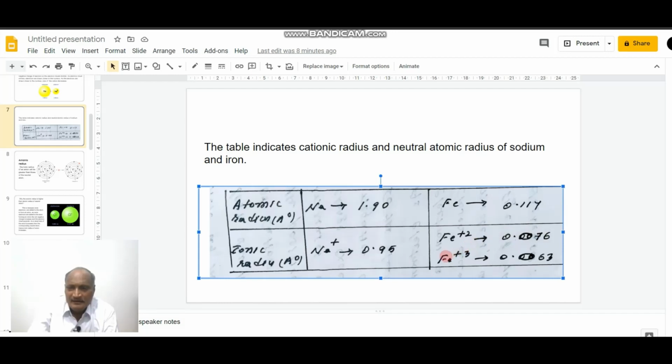Coming to Fe3+, the ferric ion, which is formed by the removal of 3 electrons, more and more nuclear charge is increased, which pulls the orbital electrons more effectively. As a result, the size of the +3 cation decreases again, and it is found to be 0.063 Angstrom units.